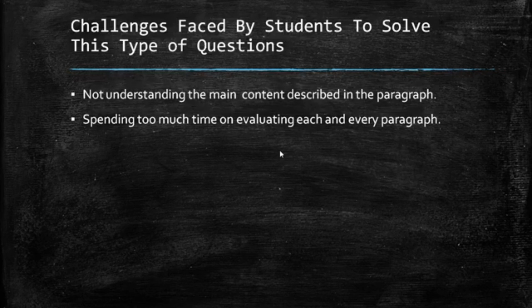Even if you are confused between two options, for time being just mark both of them. Write both. Then as you move ahead and solve other parts of the passage, you will feel that this particular option suits more here. Then you remove one from where you had written two and write it below. Simple. So you do not have to stick to one question and spend so much time on it, because it will be a complete wastage of your time and you won't be able to solve the further questions. You'll be in a hurry while solving other questions and it will impact your whole IELTS reading score. So please do not do that.